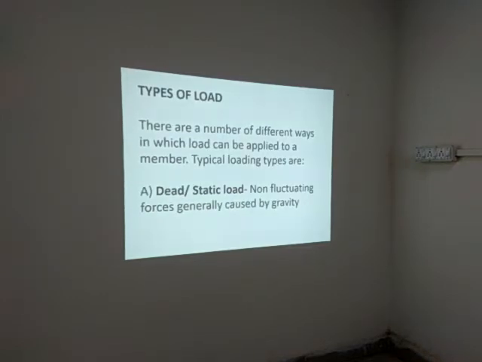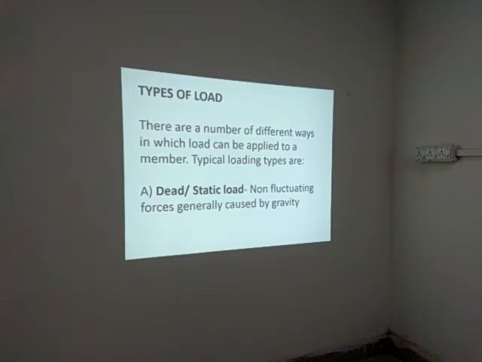If we discuss the various types of load, the way in which the load acts on various members, the first type is a dead or static load, which is basically non-fluctuating. It does not vary, and it is a type of self-weight of the material, basically caused by gravity.